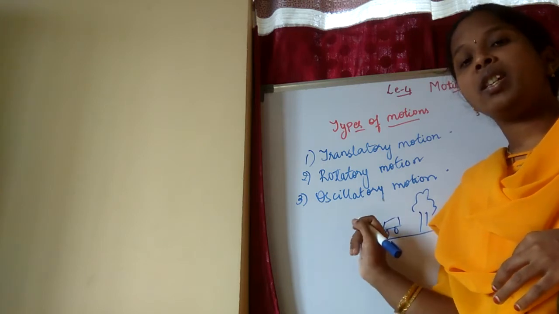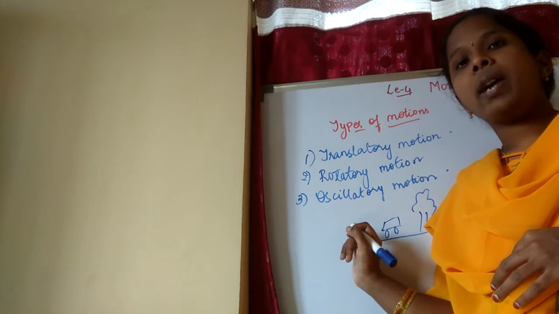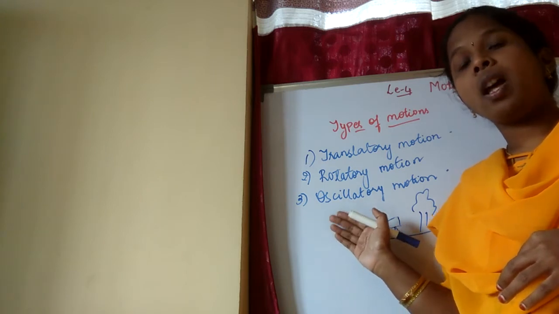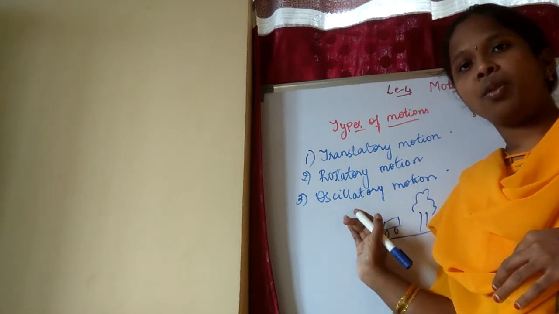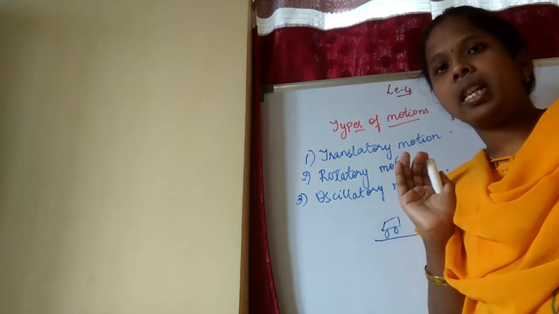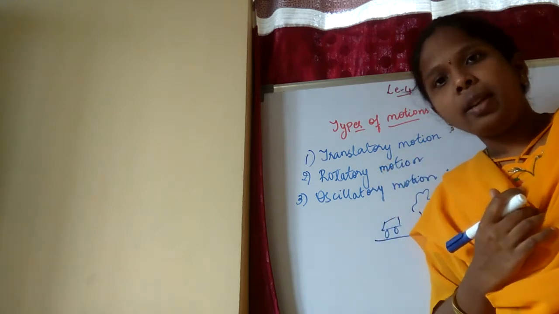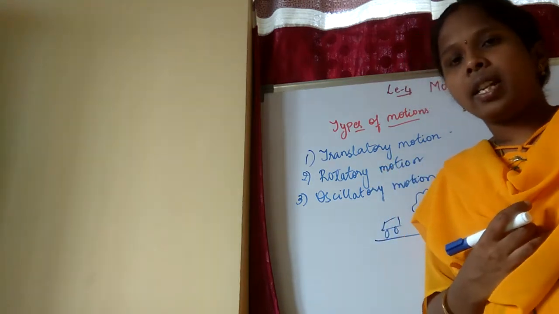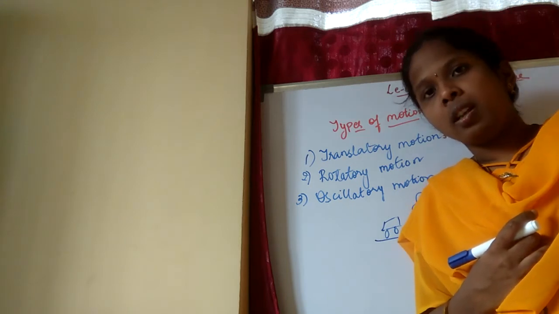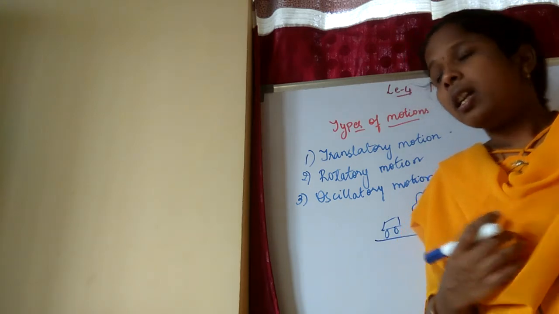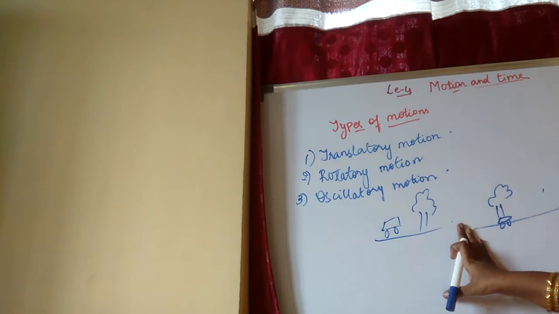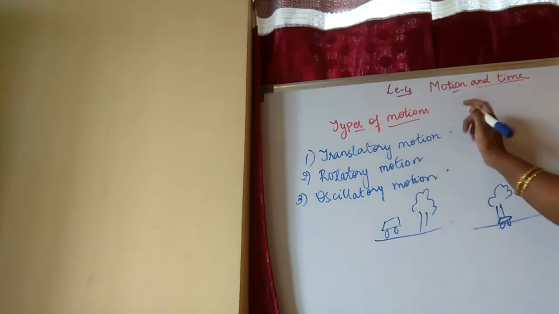If all the parts of a moving body are in motion, then we can say that is a translatory motion. So everyone is clear up to here, am I right? Translatory motion.